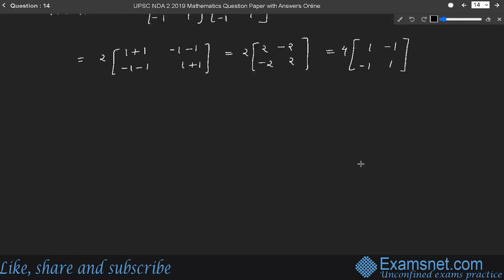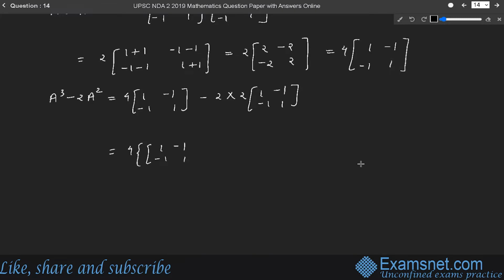Now we have to calculate A cube minus 2A square. So A cube is 4 into [1, minus 1, minus 1, 1] minus 2 into A square, so 2 into [1, minus 1, minus 1, and 1]. So it will be equal to 4 into [1, minus 1, minus 1, 1] minus 4 into [1, minus 1, minus 1, 1].